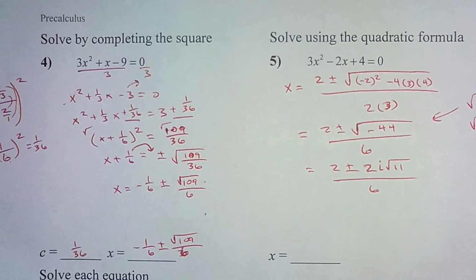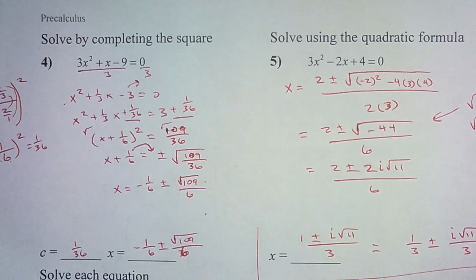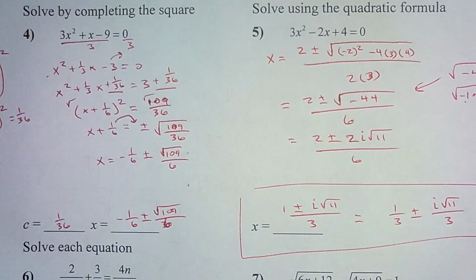And there is. That number is 2. So my simplified form here will be 1 plus or minus i times the square root of 11 all over 3. Or it could be split up as 1/3 plus or minus i times the square root of 11 over 3. So either of those two solutions is completely valid.